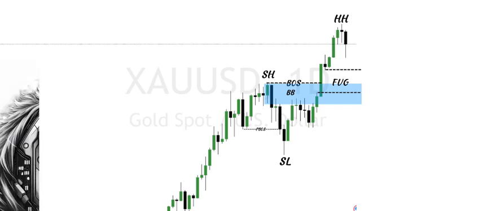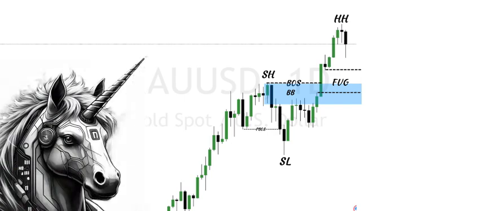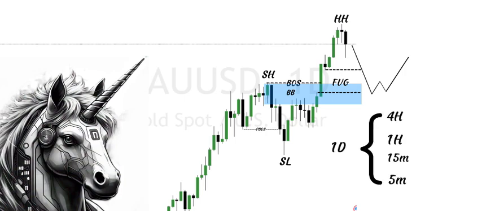This signals a confirmed unicorn model. If price reaches that zone, we expect a rejection in the upcoming weeks. However, a confirmation will be needed on lower time frames to secure a high risk to reward ratio.